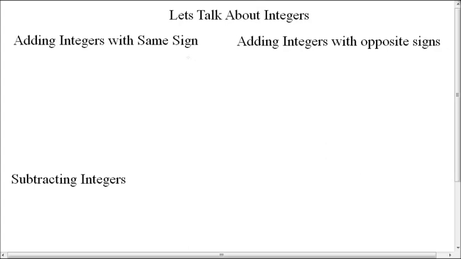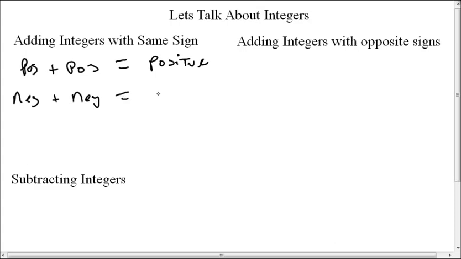So when we're adding integers with same sign, let's say a positive plus a positive, then we're going to get a positive. If we add integers with, well, I forgot about one, a negative plus a negative will always give us a negative.